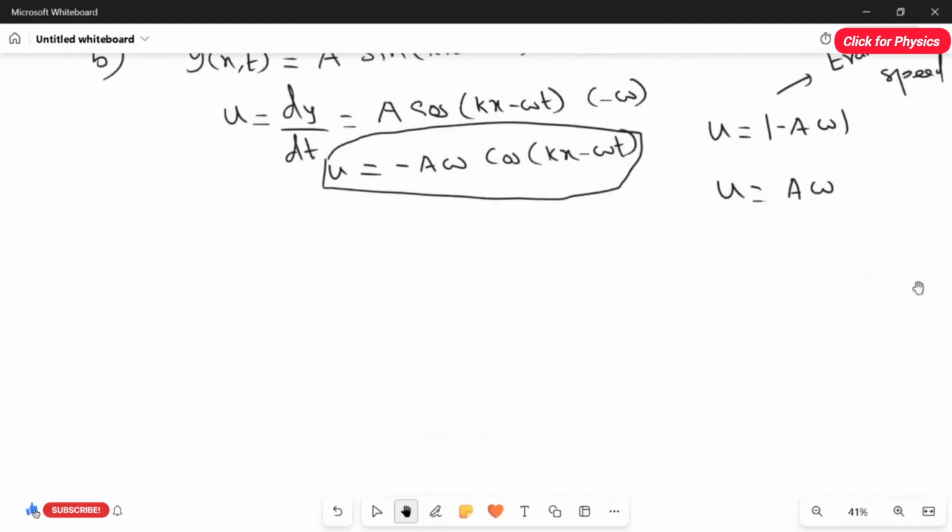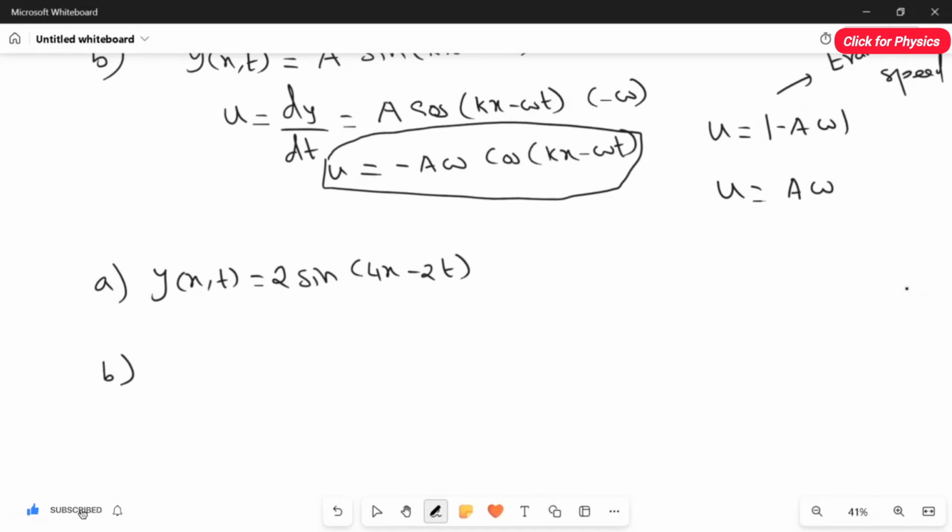So again, I have to write equations 1, 2, 3. The first equation is y of x comma t equal to 2 sine 4x minus 2t. Later on we will confirm whether the equation is correct or not. The second equation is y of x comma t equal to sine of 3x minus 4t.